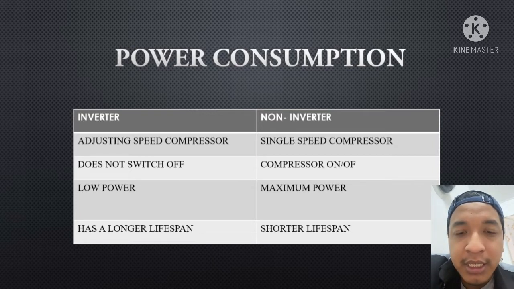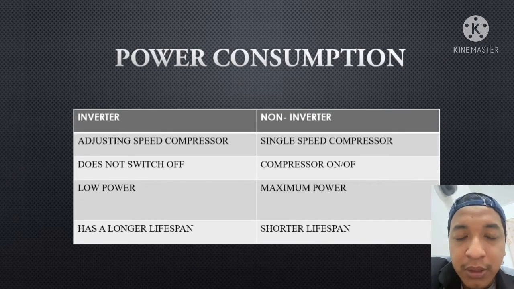Second thing is, when the inverter achieves the set temperature, the inverter AC does not turn off and continues to run at a lower speed and using minimal power. The non-inverter compressor, when it achieves the temperature that we have set, will shut off all the compressor system.